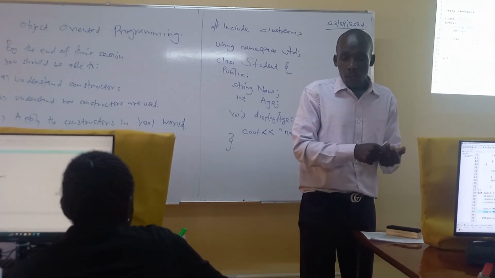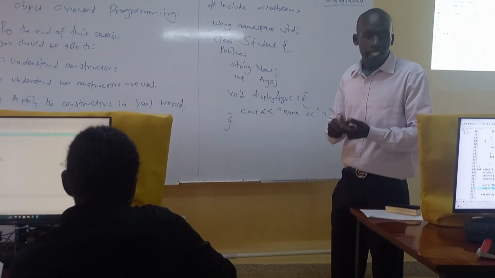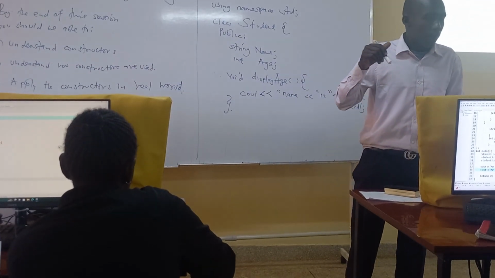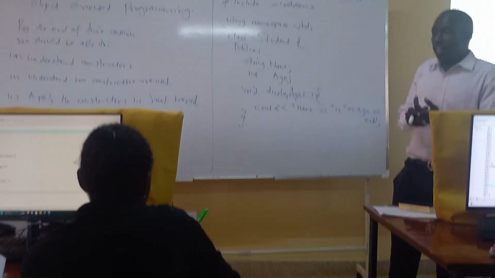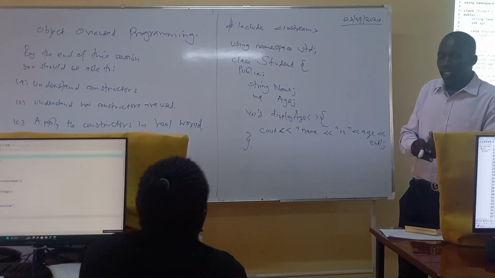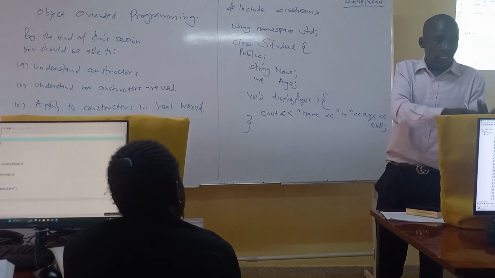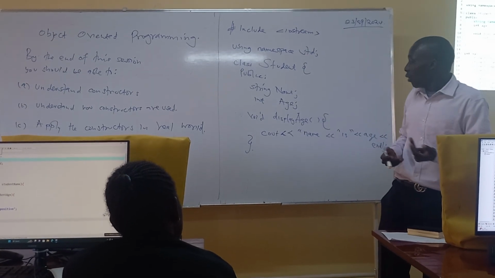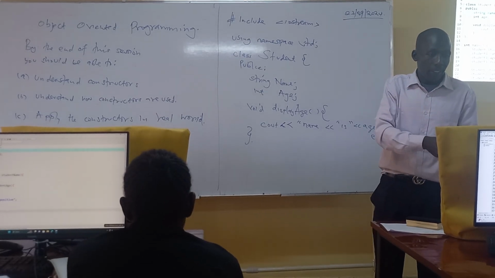right? What was the name of our class here? Raise your hand. Name of our class? Yes. Student. Very good, right? Now, when we are creating a constructor, that name Student should also be the name of the constructor, okay? And then rule number 3, a constructor has no return type, right?